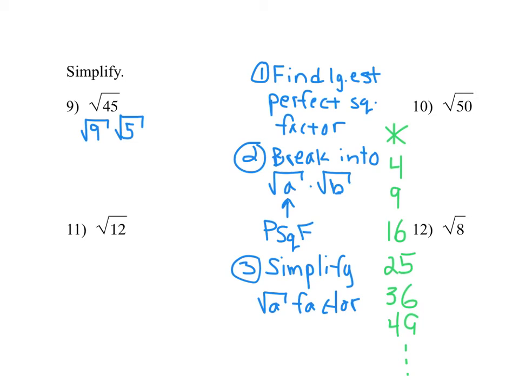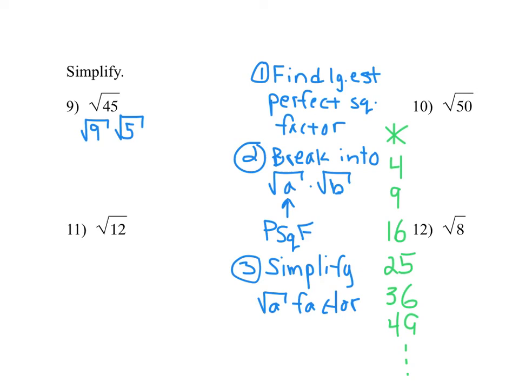It's 9. And we have broken it into two separate radicals, or square roots, multiplied together. And we have also made sure that in the first radical, for a here in our list, we have put the perfect square that we found. And so 9 is in that front spot.